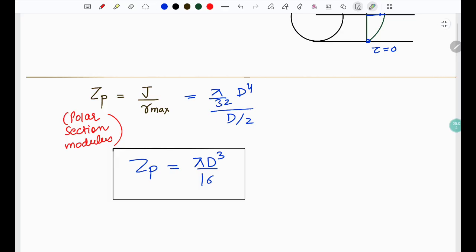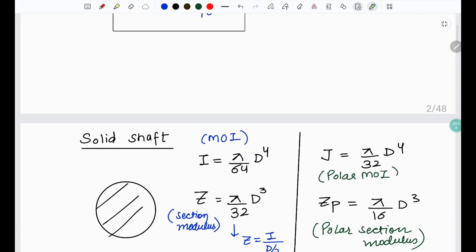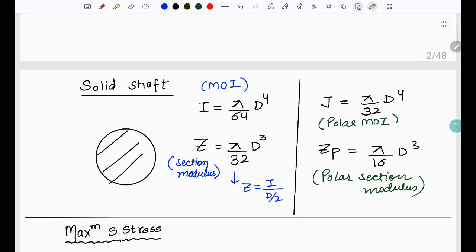Here again, polar section modulus is written as J by R max, which we can write as pi d cube over 16. Similarly, we have the comparison between the section modulus of a solid shaft and polar section modulus of a solid shaft.